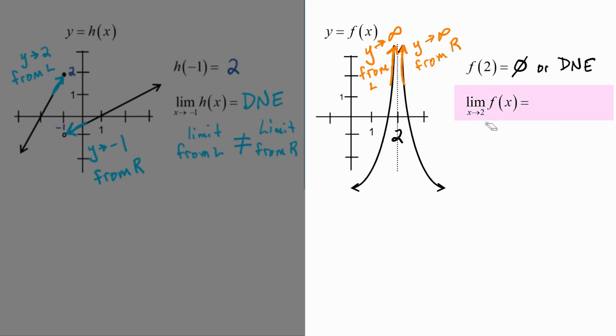Now, the limit as x approaches 2 of f of x, coming from the left and coming from the right, we are getting the same answer, which is infinity, but really that means that the limit does not exist. Think about it this way. If you wanted to go shopping and your spending limit was infinity, then that means you don't have a spending limit. Your spending limit does not exist because you would be allowed to spend unlimited money.